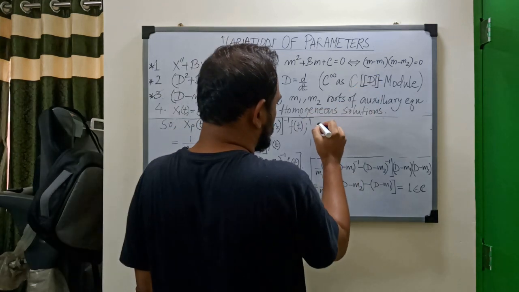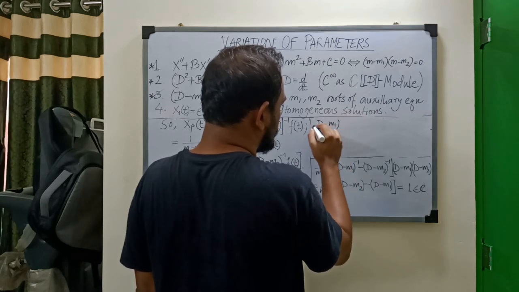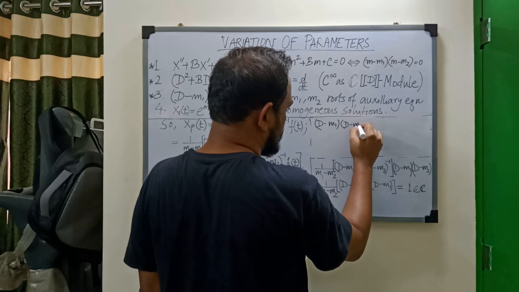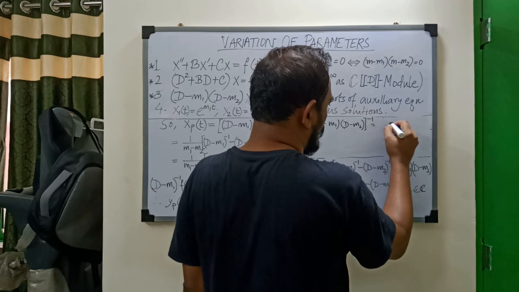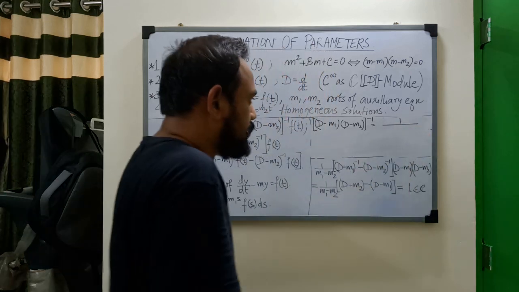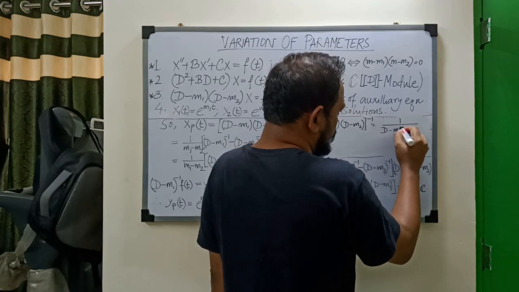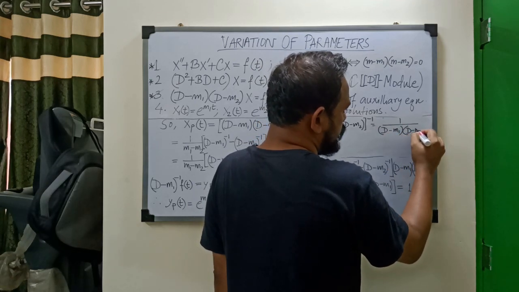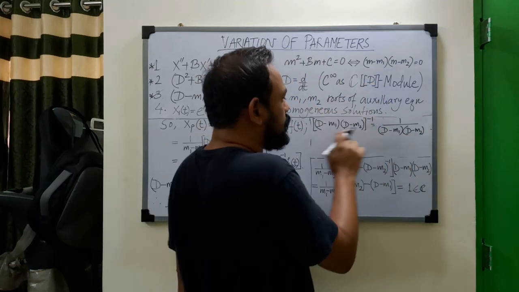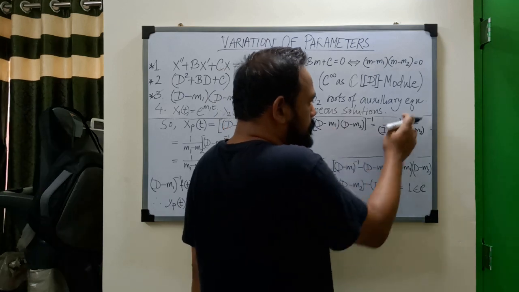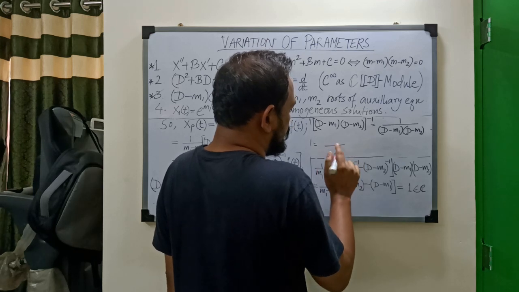If I want the inverse of d minus m1 times d minus m2, the way we have learned our arithmetic, if we think of these as pure numbers, real numbers and not elements of this ring, this can be written as a partial fraction.